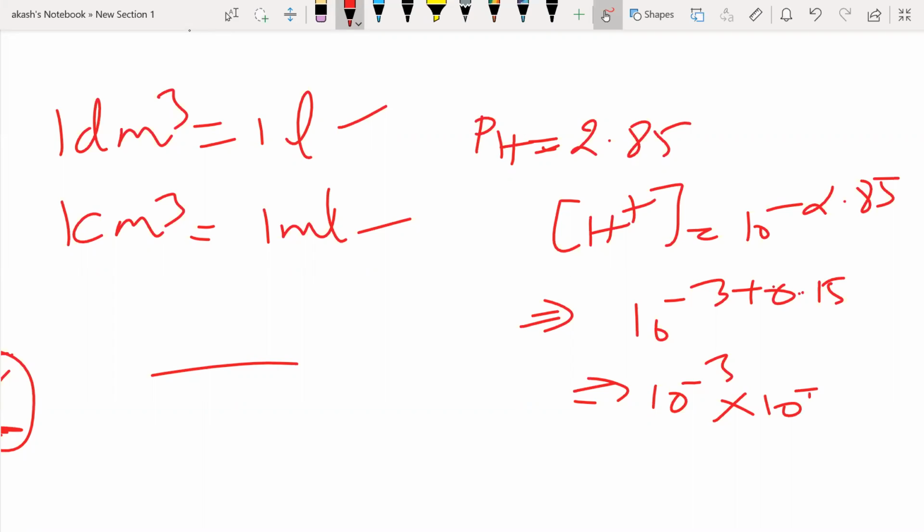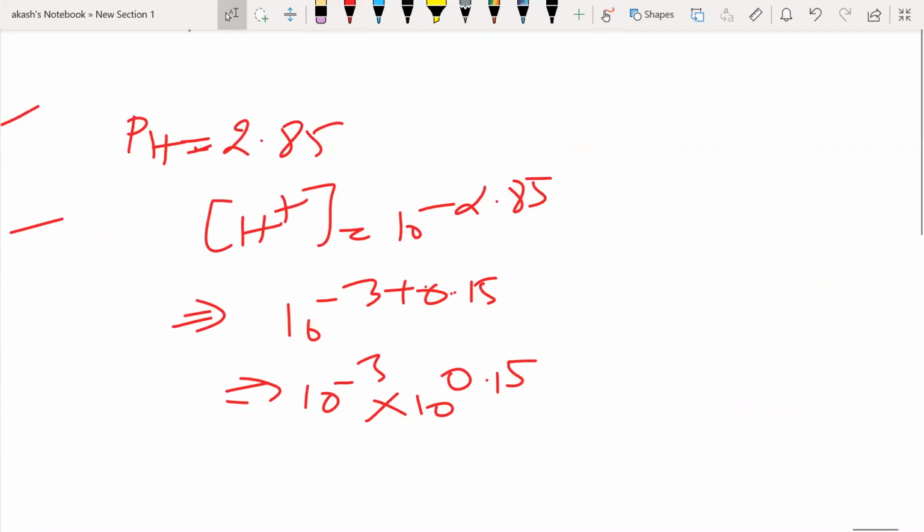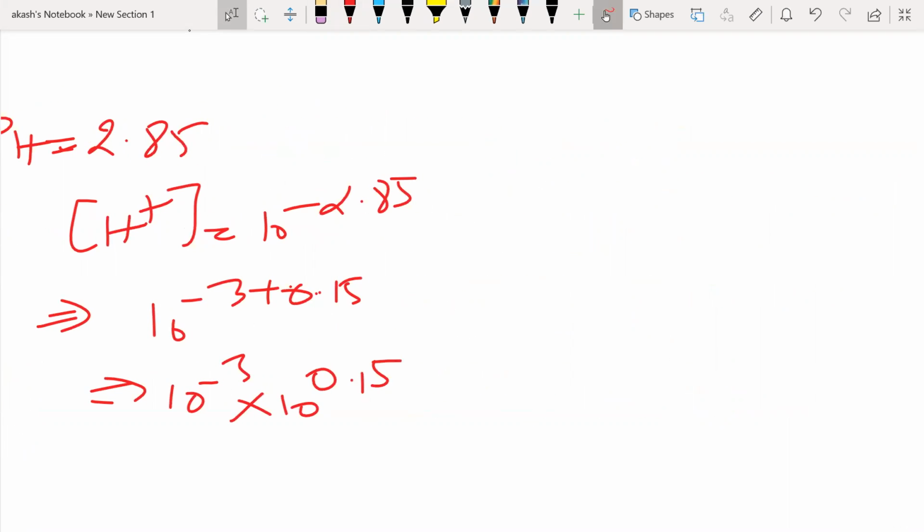Sir, they've given the anti-log for 0.15. Yes, that's what I'm doing. I'm coming to that. Okay, right. So if I take the anti-log, I have done it in the previous step itself.